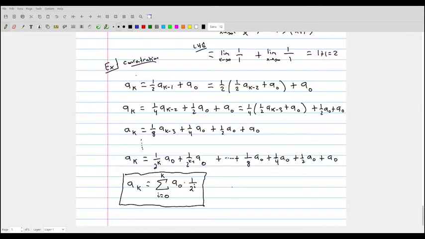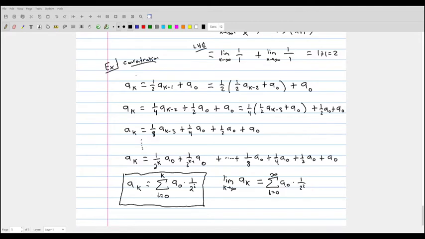It's also an interesting example because if you want to take the limit as k goes to infinity of ak, we have to consider an infinite sum of values, the sum from i equals 0 to infinity of a0 times 1/2 to the i, and see what this infinite sum converges to.